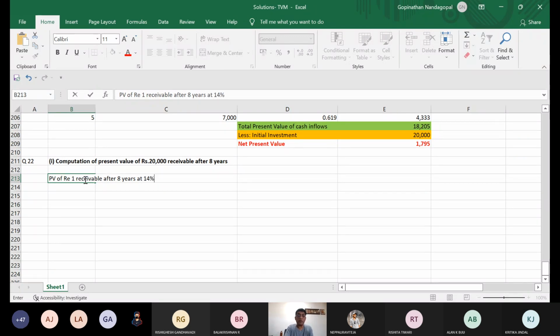That I have already done. I have already taught you how to use the present value table, and I have done it also. After 8 years from now, value is 0.351.